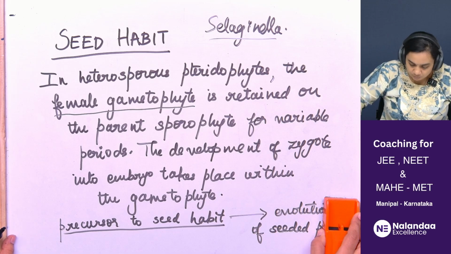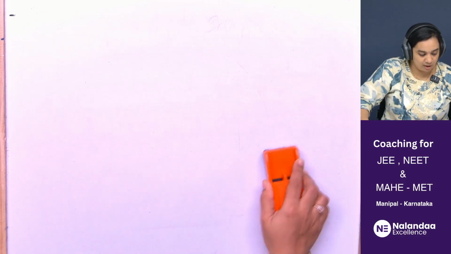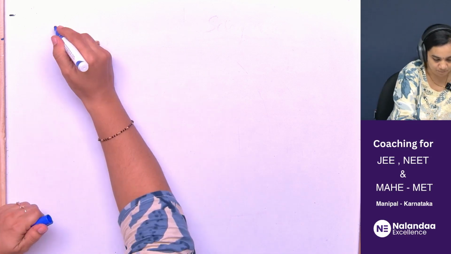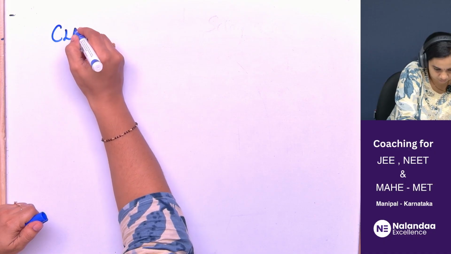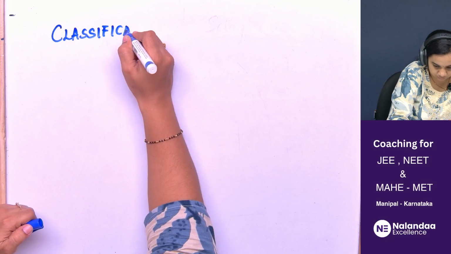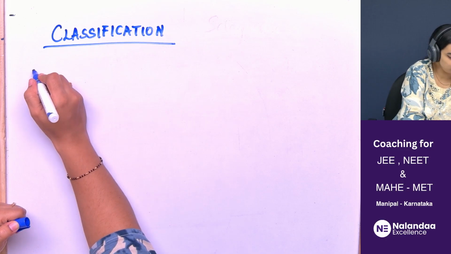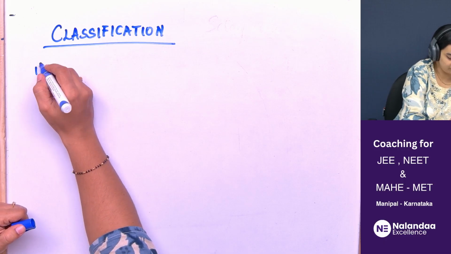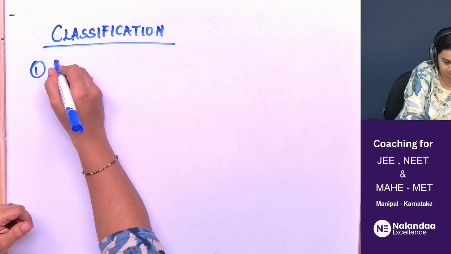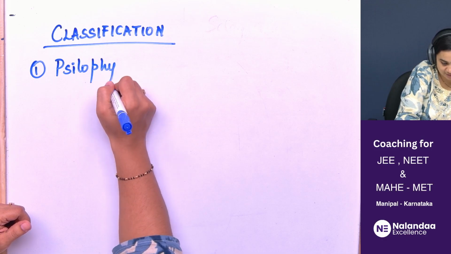Now with this we complete pteridophytes. Now talking about the classification of pteridophytes. We have four classes of pteridophytes. Class Xylophyta, the first group.